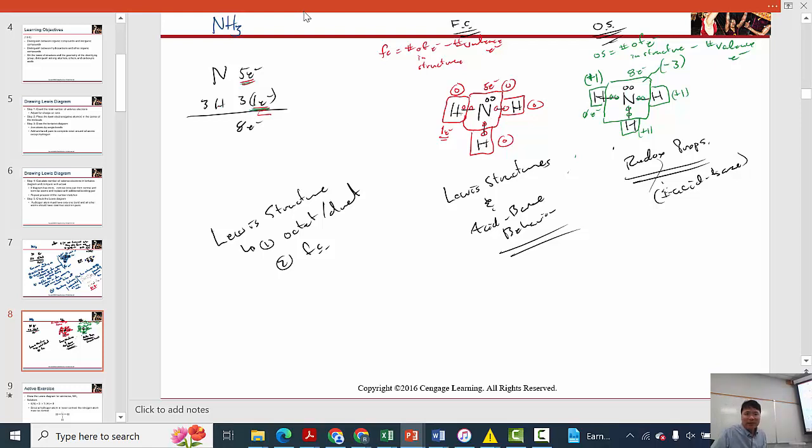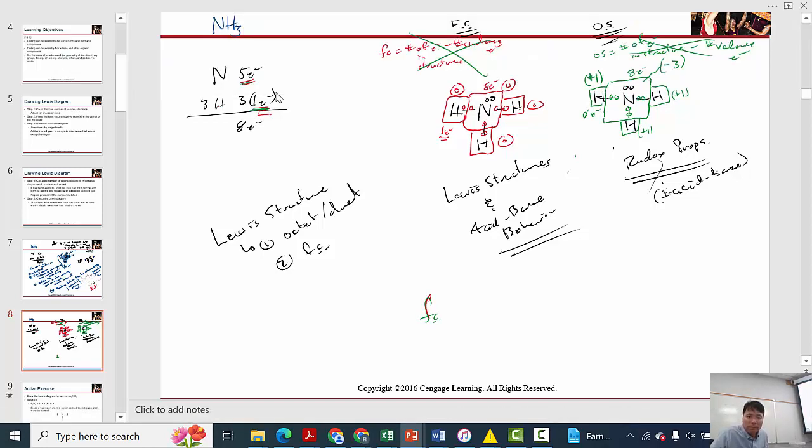Actually, let me just rewrite it down here. The formal charge is equal to the number of valence electrons minus the number of electrons in structure. So for nitrogen, the number of valence electrons is 5 minus 5 in the structure is 0.